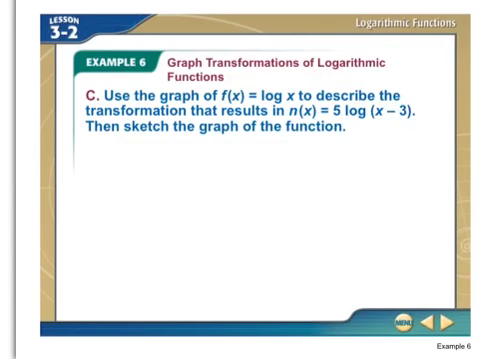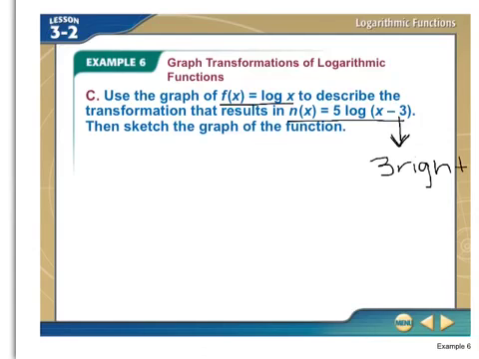In example 6, part C, again we're using the same function f of x equals log base 10 of x to describe the transformation that results in n of x equals 5 times log base 10 of x minus 3. Now, when we're looking at the function n of x, this minus 3, since it's inside the grouping symbols, means translates 3 to the right.